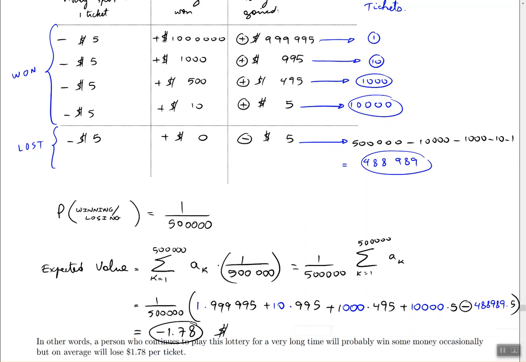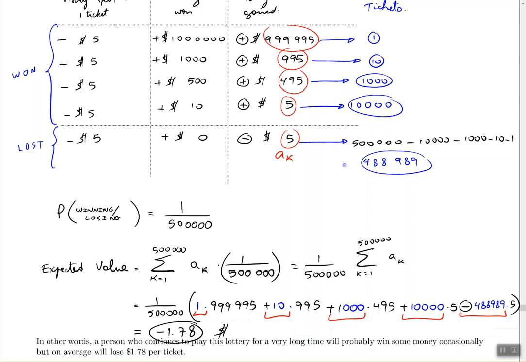So before I move on, I want to clarify why we put the 1, why we put the 10, why we put the 1,000, and so on over here. Why did we have to put those, even though the a_k's were basically these guys? The a_k's are the 5, the 5, the 95, the 95, and whatever. The 10, the 1,000, and so on, this is how many tickets there were.